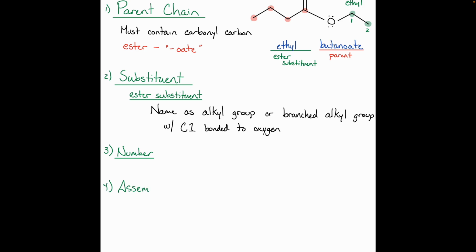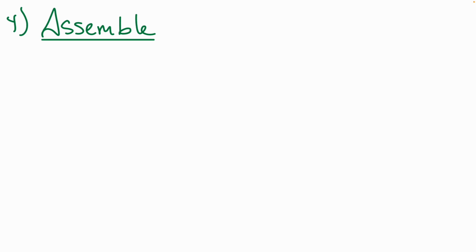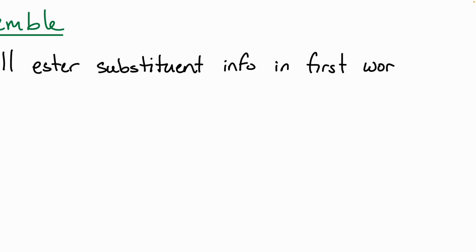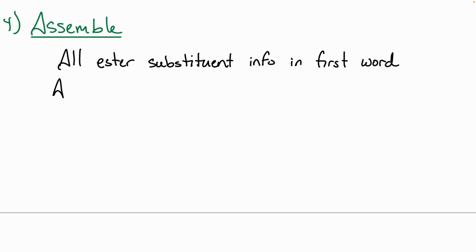And then we assemble it all together. We're just going to make note that we have these two halves. So all of that ester substituent information goes out front, in that first word, and all that parent chain information in that second word.